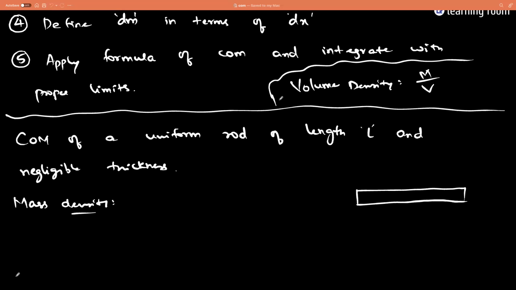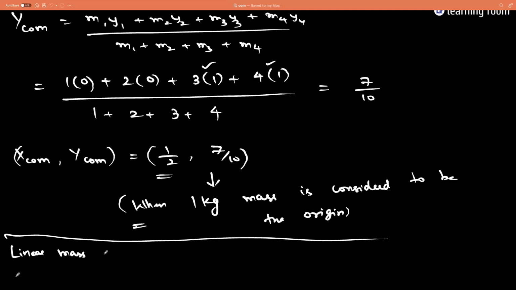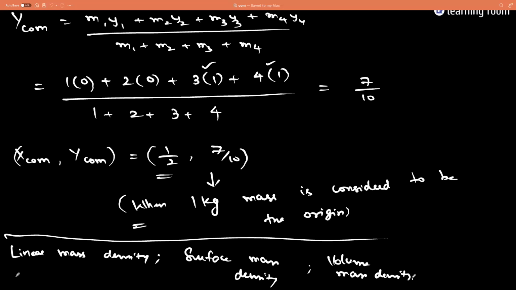So there are three kinds of mass density: linear, surface, and volume mass density. Linear mass density is the amount of mass per unit length. Surface mass density is the amount of mass per unit area. And volume mass density is the amount of mass per unit volume. Clear?